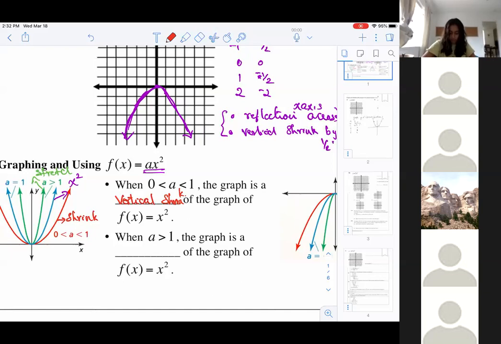When a is greater than 1, the graph is a vertical stretch. The first one is a vertical shrink. The second one is a vertical stretch.